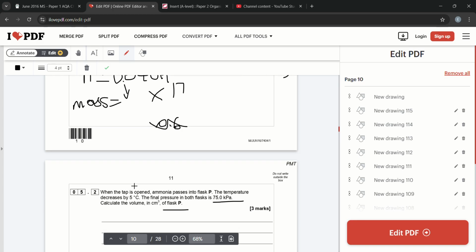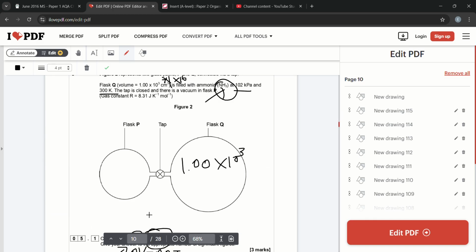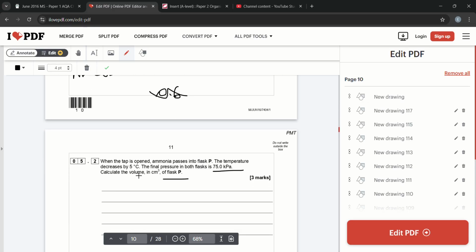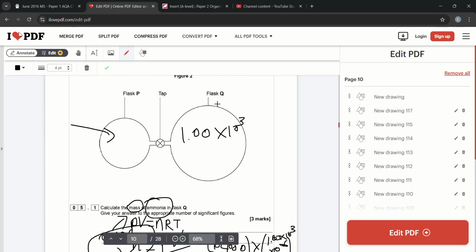What we're trying to find is the volume of flask P. We can find the total volume using the information given, subtract the volume of flask Q, and that will give us the volume of flask P.